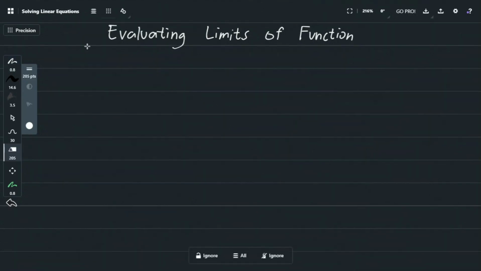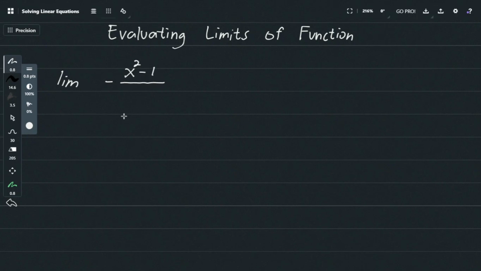Okay, so now, how about if we are given a rational expression? Okay, so let's try to solve this problem. We have the limit of negative x squared minus 1 all over x minus 1 as x approaches 1.